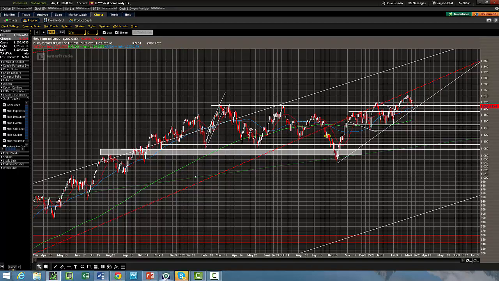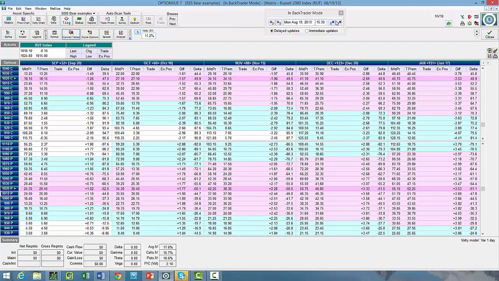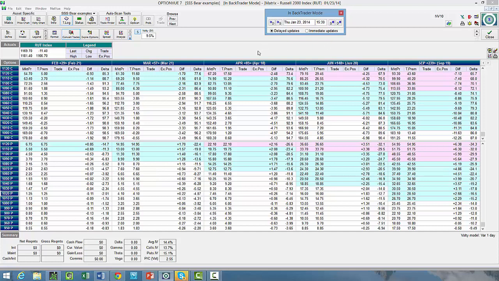123.14. Keeping in mind, we probably wouldn't have entered that trade, but let's take a look anyway. So if I was here at 123.14, I have a decision point of 57 days or 85 days. 85 is kind of far out. I'd probably go with the 57.